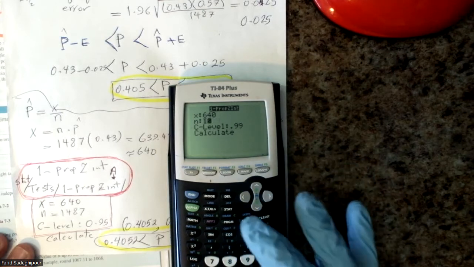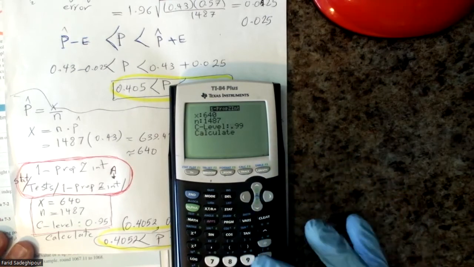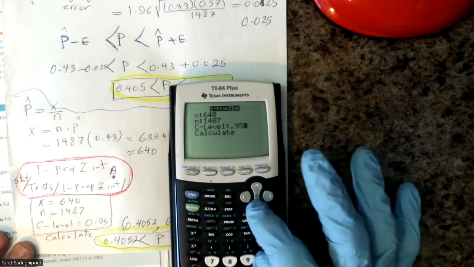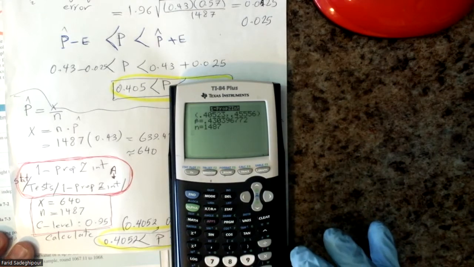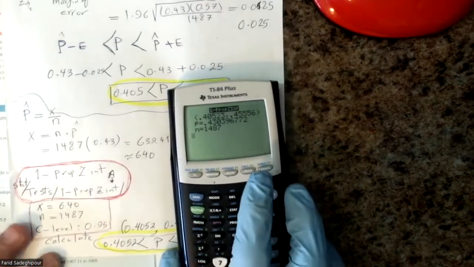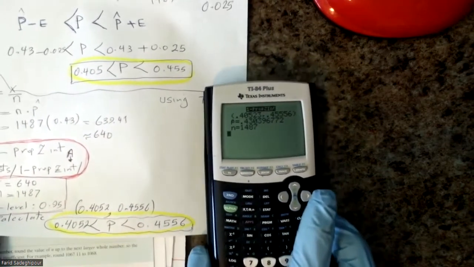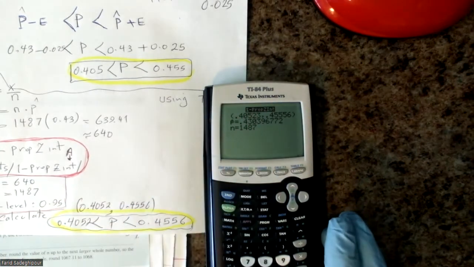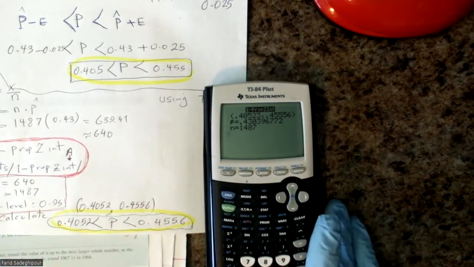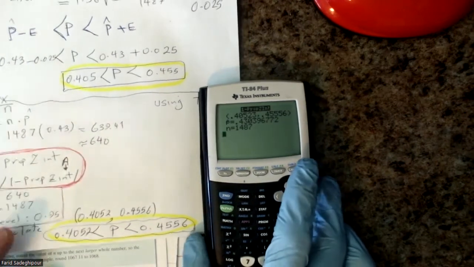N is 1487. Confidence level is 0.95 or 95%. That gives you, in the parentheses, P plus E and P minus E, which are these two numbers, see? So that's how we use the calculator to find the proportion. And that is very handy to do the rest of the problems here.